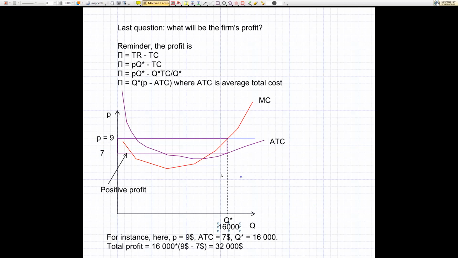But it could be that I'm on that side, and in that case, I wouldn't make profit, I would make losses. But that's the short run. In the short run, maybe I make a profit, maybe I make a loss. All good? Happy?